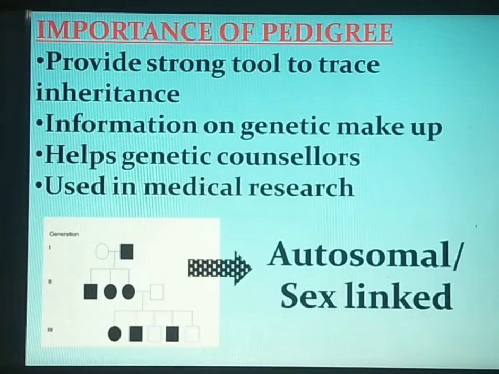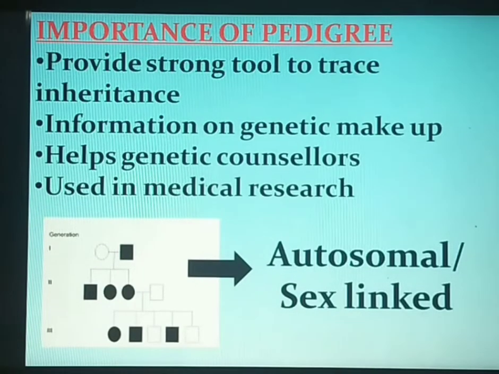So when we speak about autosomes or sex chromosomes, when we are studying traits, we will see that some of the traits are autosomal linked since they are present on the autosomes, and some of them will be sex linked since these traits are present on the sex chromosome.